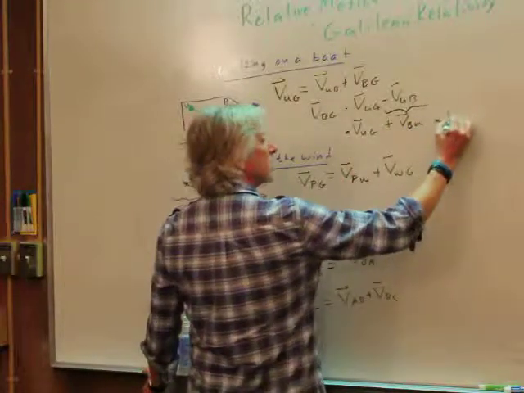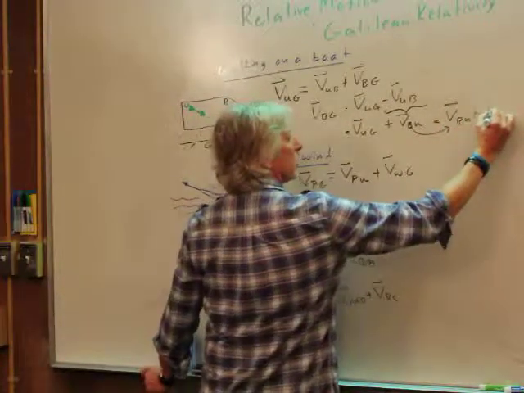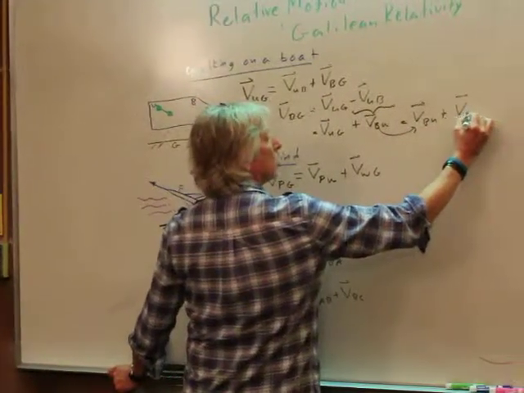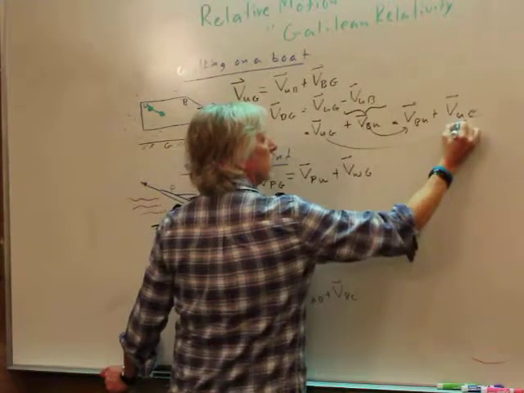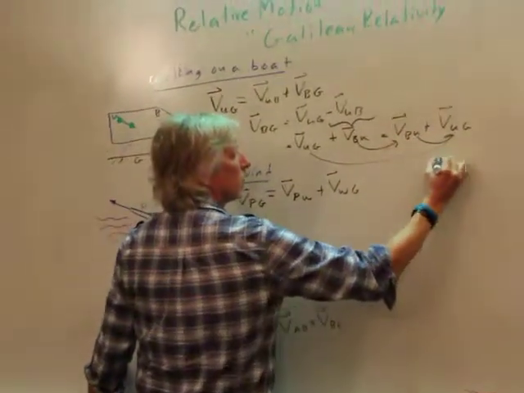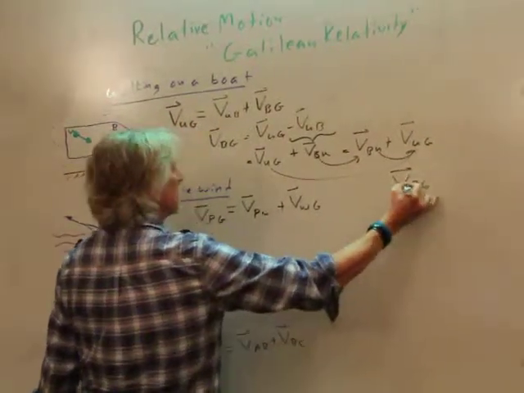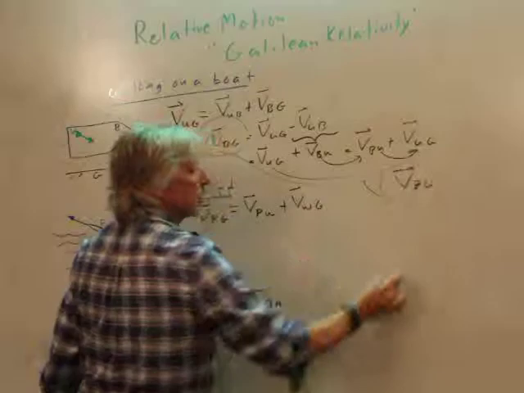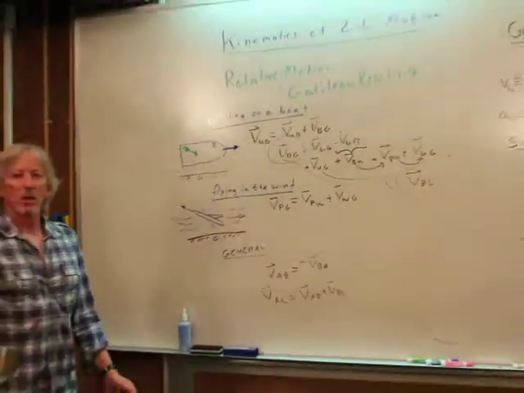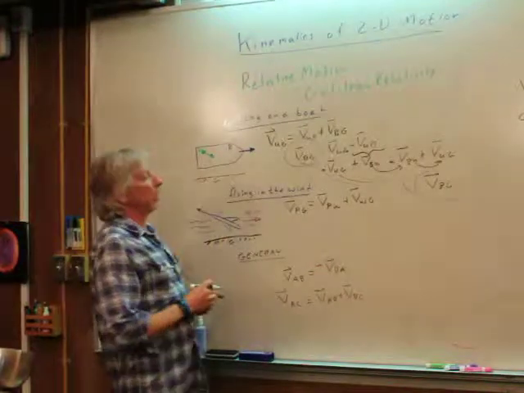Notation here. Wait, that's the velocity of the boat relative to you, plus the velocity of you relative to the ground. Wait a minute. There's the subscripts here. That's the velocity of the boat relative to the ground. See how they go? Hey, it is. It worked.